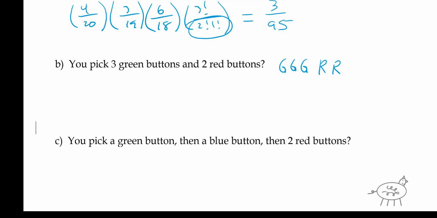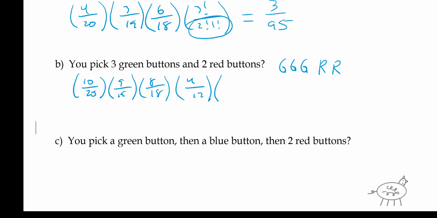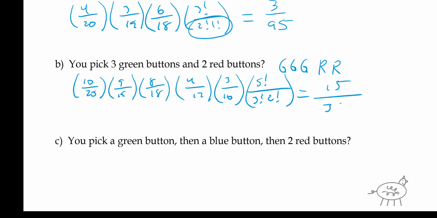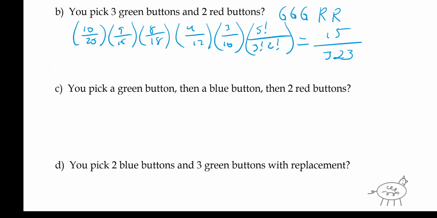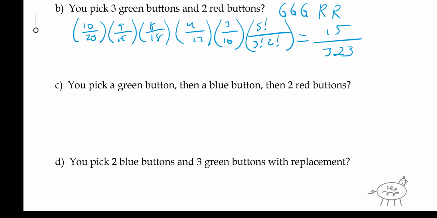So we got 10 out of 20, 9 out of 19, 8 out of 18, and then the red ones, which is 4 out of 17, and 3 out of 16, and then it's 5 factorial over 3 factorial, 2 factorial. So you come up with 15 over 323.